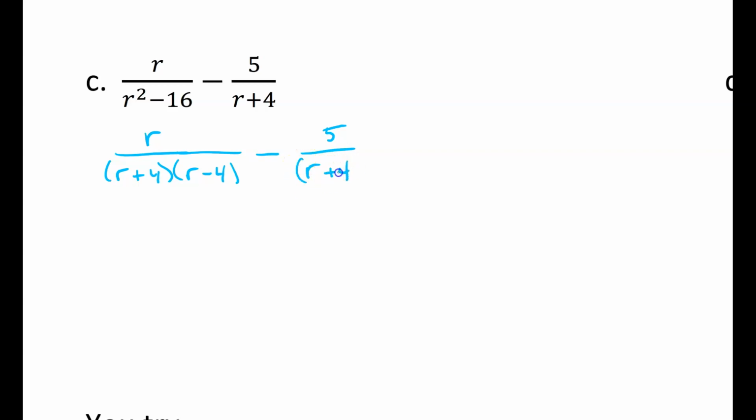Okay. So now is it much easier to see what the least common multiple is for the denominator? Yeah. So our least common multiple for our denominator will be r plus 4, r minus 4.